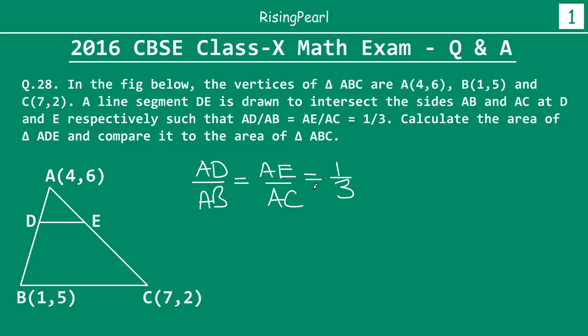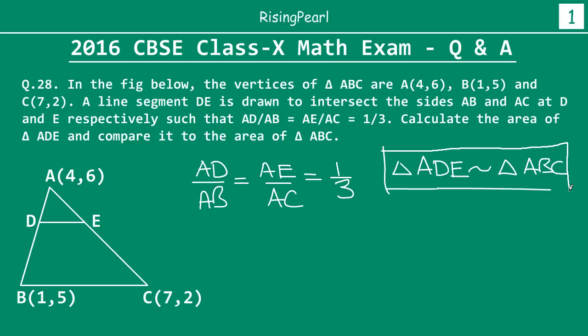So using similar triangles, you can actually prove that triangle ADE is similar to triangle ABC. If these two sides are proportional, these two triangles are similar. If these two triangles are similar, it means that DE by BC is also the same ratio, so all these ratios are equal to 1 by 3.